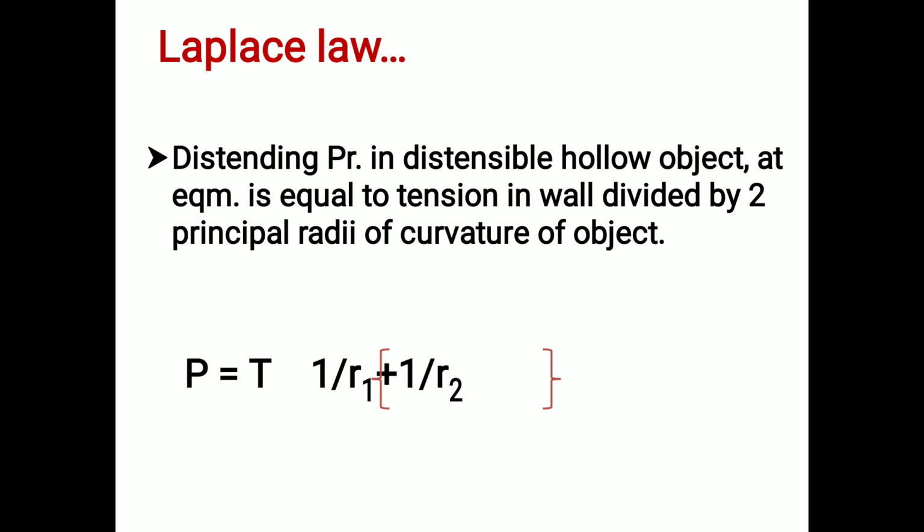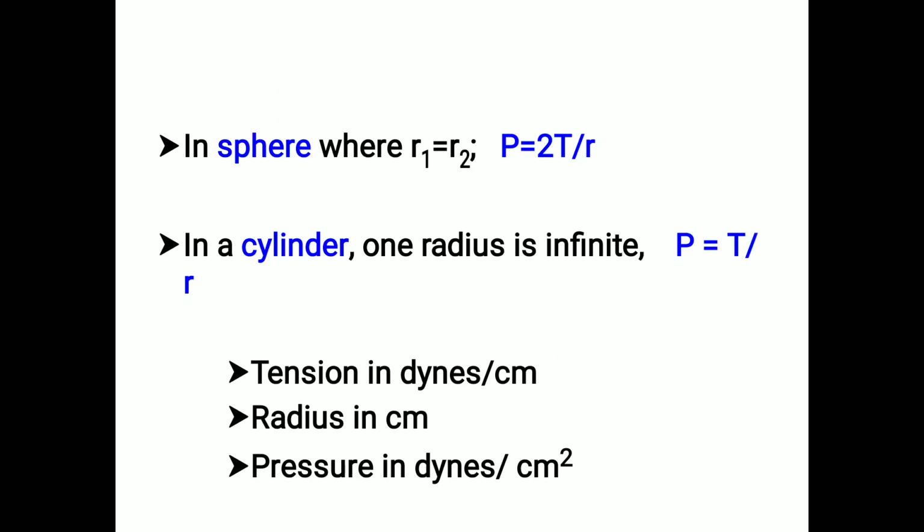So P is equal to 2T by R. In a spherical structure such as lung alveoli, where R1 is equal to R2, P is equal to 2T by R. So this is the relationship. We apply this Laplace law in the hemodynamics, the blood flow, and we apply the Laplace law in the alveoli.